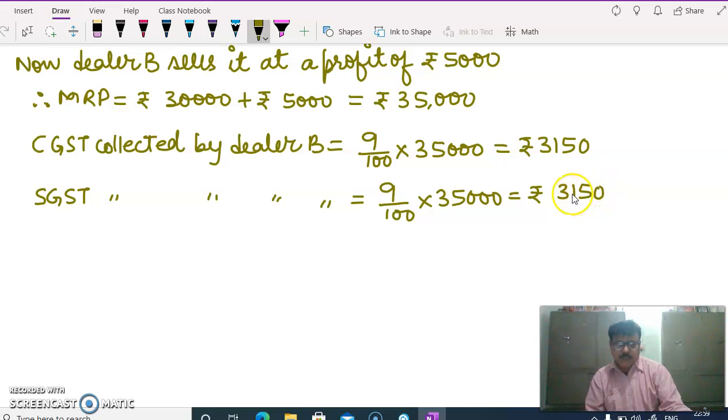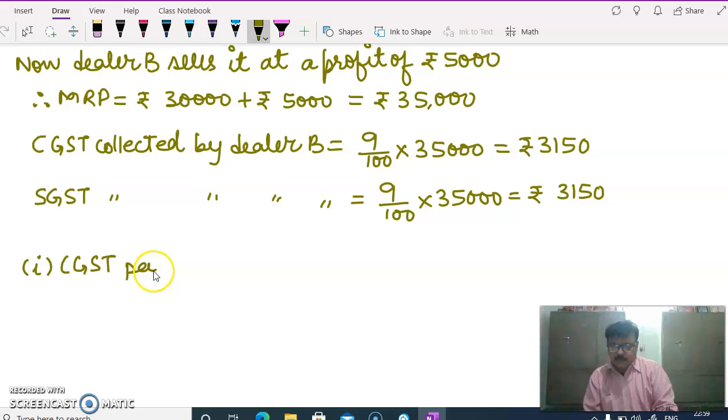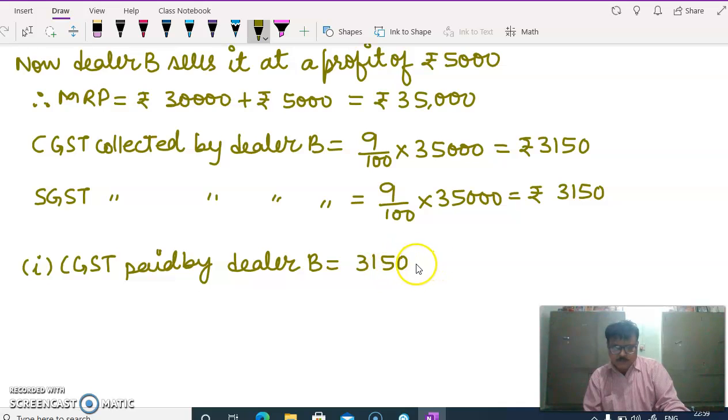So he has paid 2,700 and received 3,150 as tax. First part says CGST paid by the dealer B will be: he has received 3,150, he had paid 2,700 to the manufacturer, so rupees 450 is the difference. Correct. What about SGST?